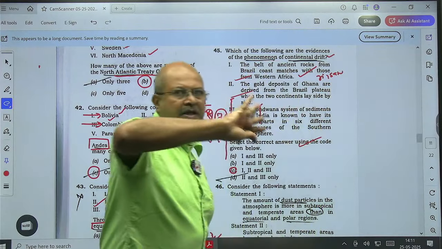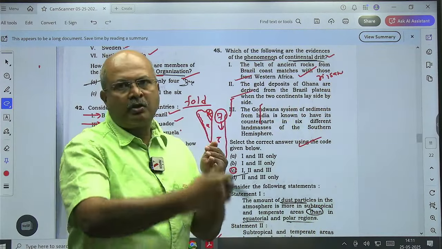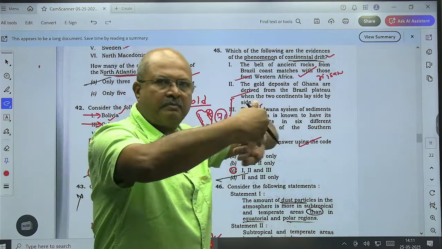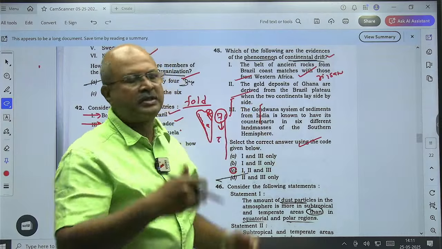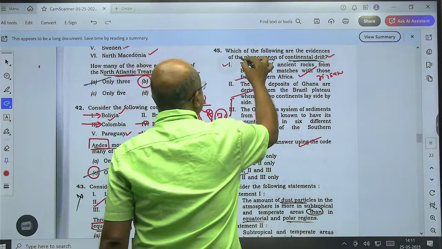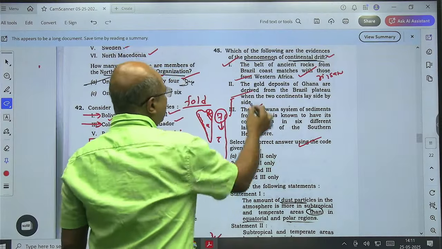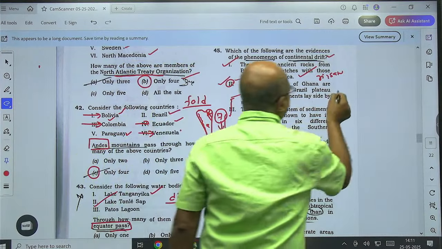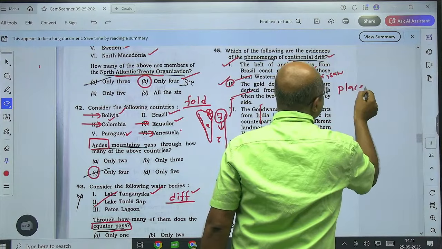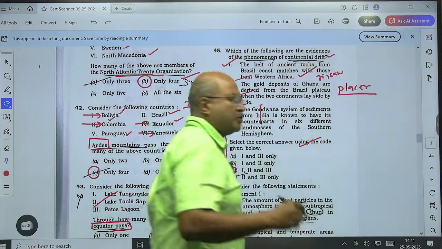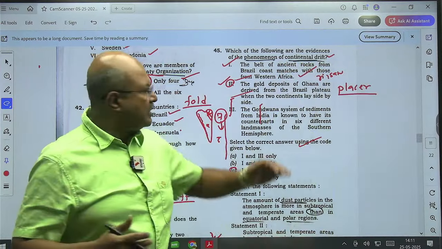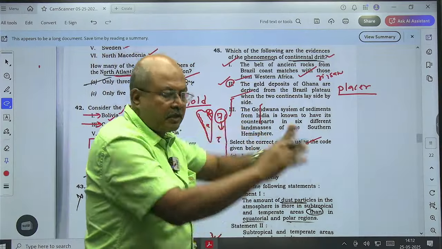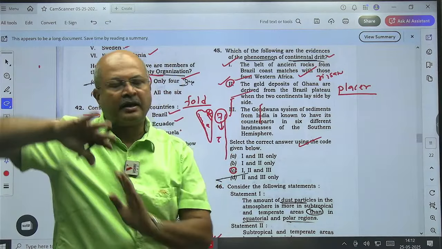So when we talk about the zig-zag fit, the eastern part of South America and the western part of Africa were combined. So the rocks will be of the same ages. Next, the gold deposits of Ghana derived from the Brazil plateau. So this is referred to as placer deposits. Even today we find that the sources are in South America, but the gold deposits are in Ghana.